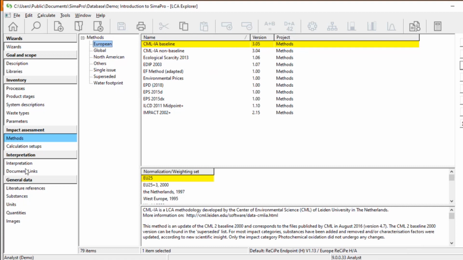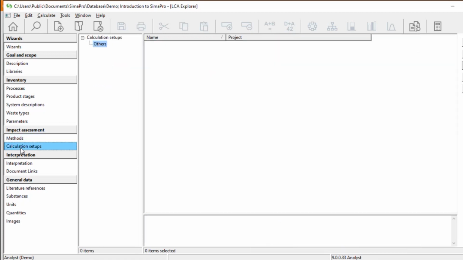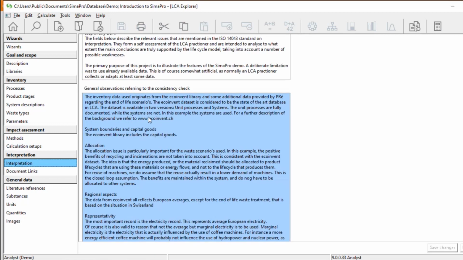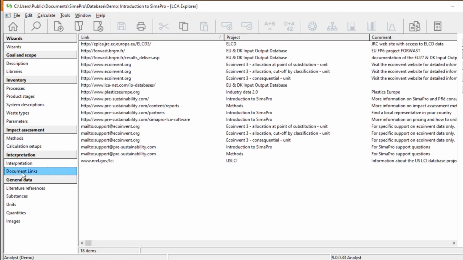And then calculation steps, there is nothing more to discuss here. Interpretation, I have already discussed this one. And documents link, these are very important resources. This is the ecoinvent database. You can go through this and understand more what this database means, from where they have got the data, and so on.